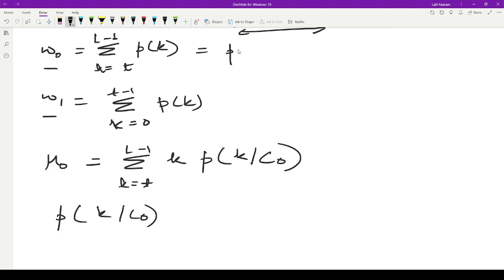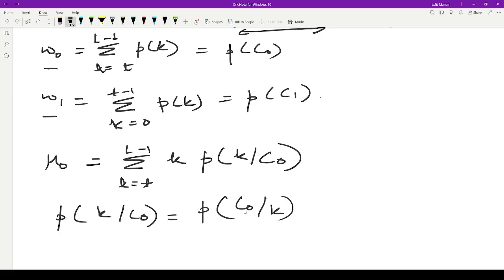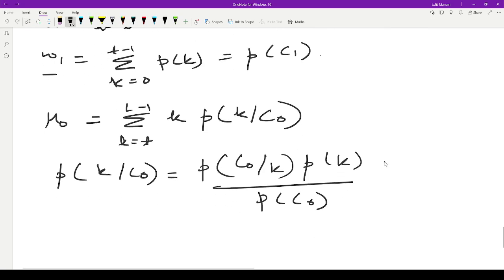The probability that intensity k belongs to class 0 is, from Bayes' theorem, the probability of class 0 given intensity value k, into the probability of k, upon the probability of class 0.